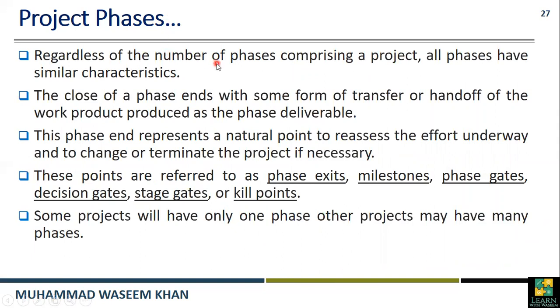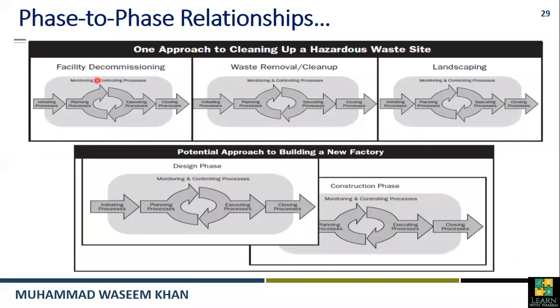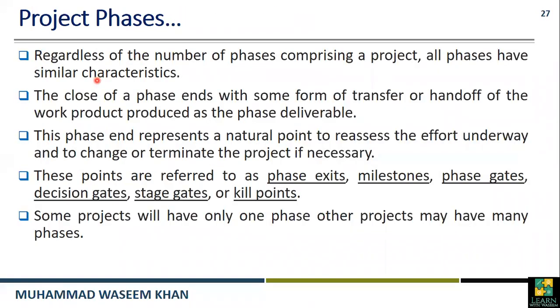Regardless of the number of phases that comprise a project, all phases have similar characteristics. The close of a phase ends with some form of transfer or handoff of the work product produced as the phase deliverable.